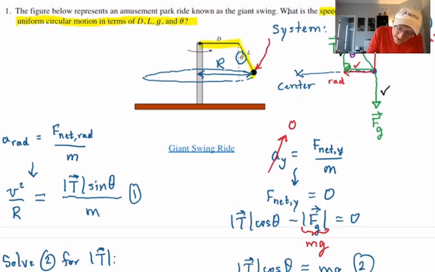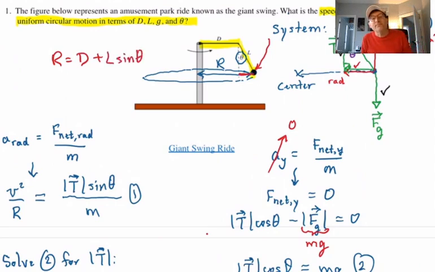From that picture, I can see that the radius of the circle, r, is the length d of that horizontal arm coming out, plus this part right here that I just drew in red, which is the length L times sine theta. Okay? All you gotta do is look at the drawing and use some geometry and trig. You should be able to convince yourself that the r is equal to d plus L sine theta.